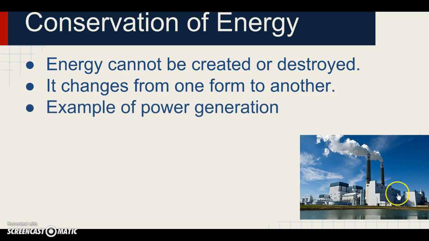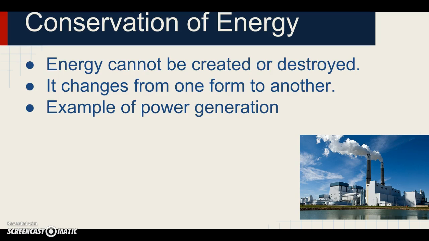For example, when we're generating power, we're going to take coal, for example, and burn it. That's going to release the chemical energy as heat. That heat is going to boil water. That water is going to turn into steam. That steam is going to start moving, kinetic energy.